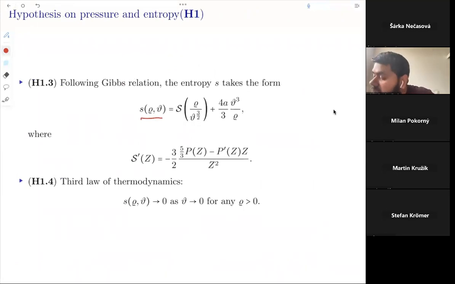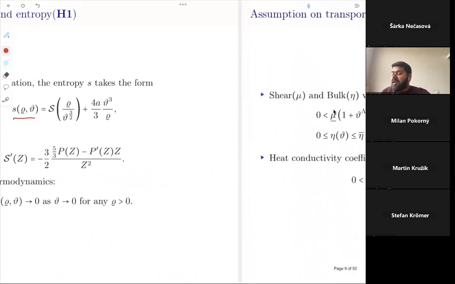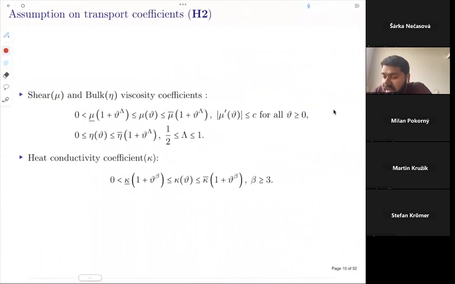Okay, so let us put some more assumptions, and these are the assumptions on the transport coefficients. So basically the bulk viscosity coefficient and the shear viscosity coefficient have some power law kind of behavior. For simplicity, one can just start with mu of theta being 1 plus theta.